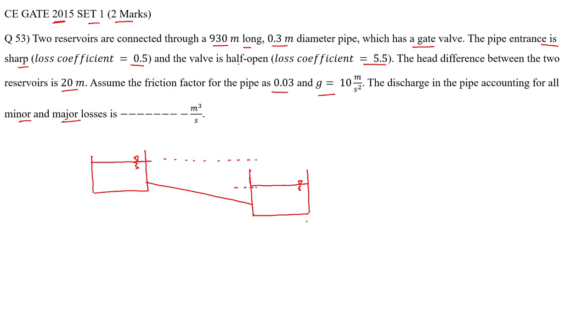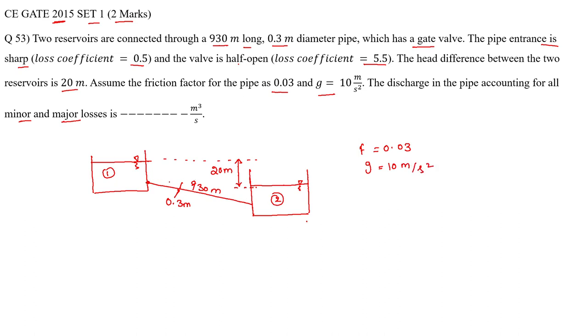The difference in height of water level at these two locations is 20 meters. This is the first reservoir and this is the second reservoir. The pipe diameter is 0.3 meters, the length is 930 meters, the friction factor is 0.03, and g is 10 meter per second square.